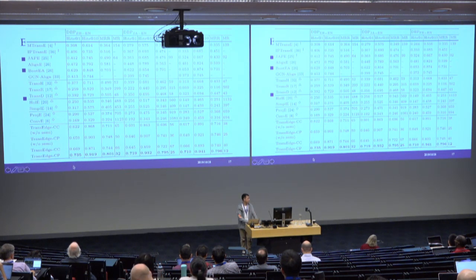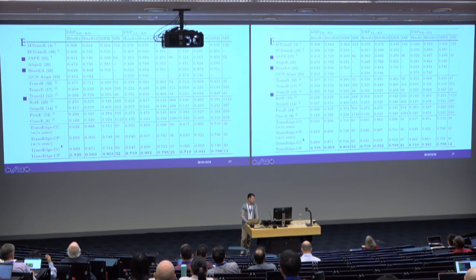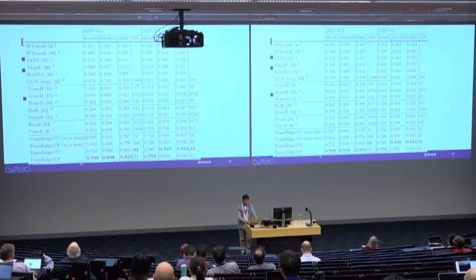As we can see from this table, TransEdge-CP always obtains the best performance. In addition, we find that using semi-supervision always improves the performance. On the DWY dataset, we found that TransEdge-CC and CP sometimes obtain the best performance. Sometimes TransEdge-CC is better than CP. However, this difference is very small, only about 1.2%.